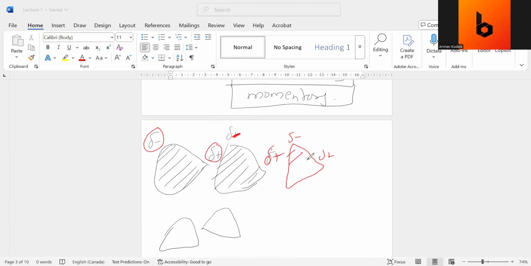This transient dipole keeps on changing every second. So maybe now I have made it this way, and the other would have a cloud like this, delta positive, delta negative, delta positive, delta negative. This way the network keeps on forming.